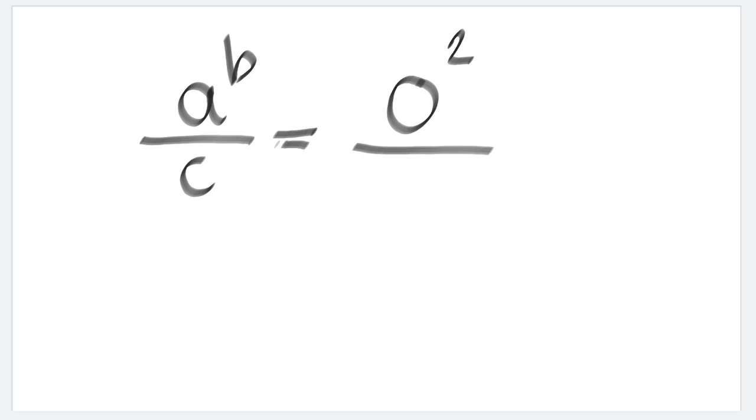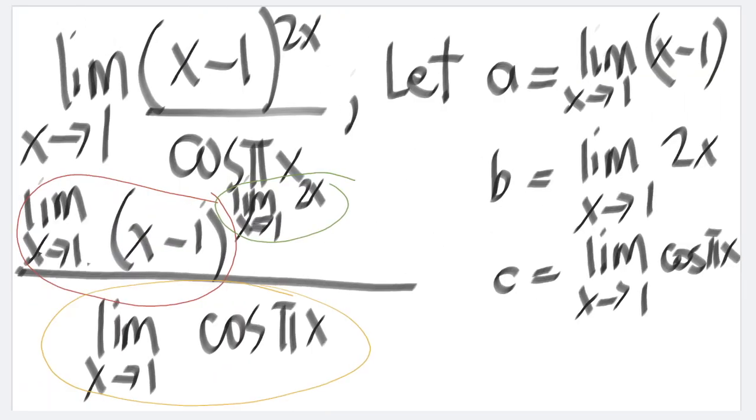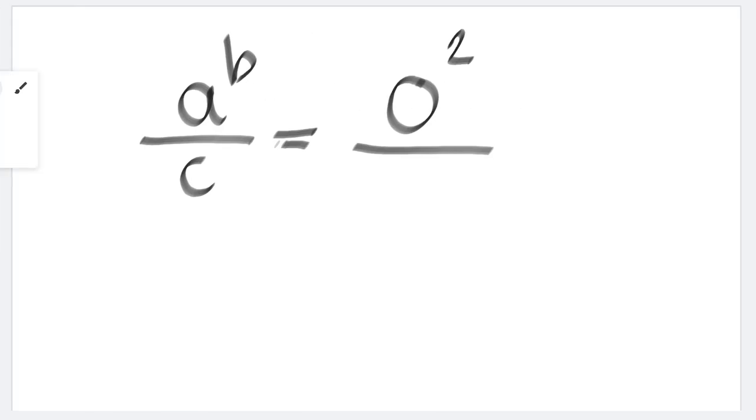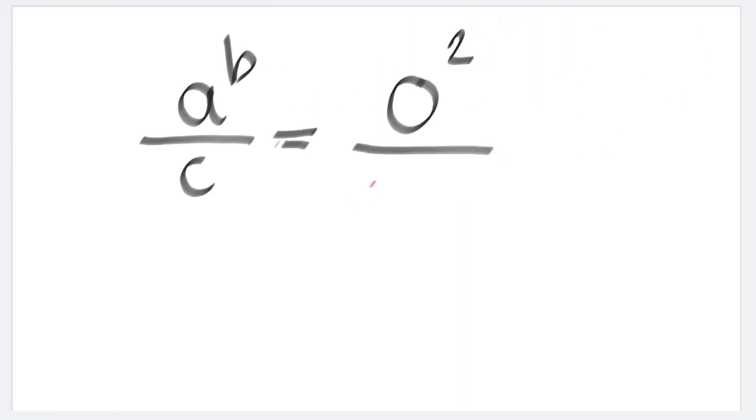Of course, we know that this does not violate our rule that both A and B should not be equal to 0, so this is not one of the indeterminate forms. Okay, so our C is the limit of cosine pi x as x approaches 1. We know that pi times 1 is pi, so cosine pi is negative 1. So C is negative 1.